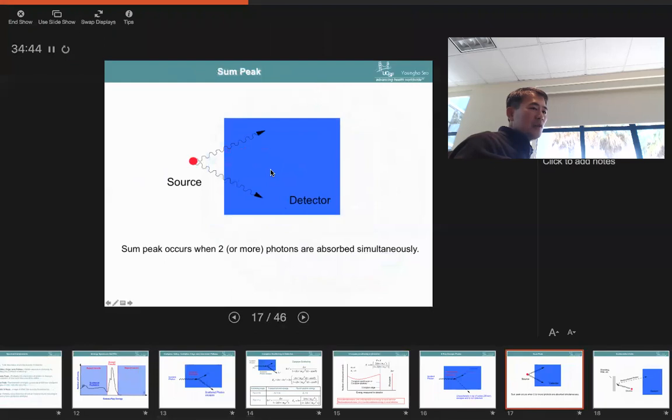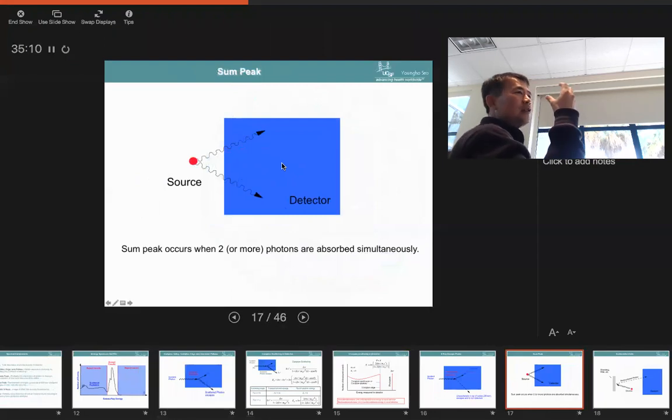I'll show you the energy spectrum later. The sum peak is a lot easier to understand. When we have an incident photon, we are not talking about one, we talk about one at a time. But what if two incident photons are traveling, it doesn't have to be this way, but two photons interacting with the detector, whatever direction is fine.